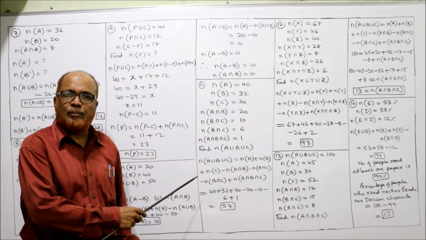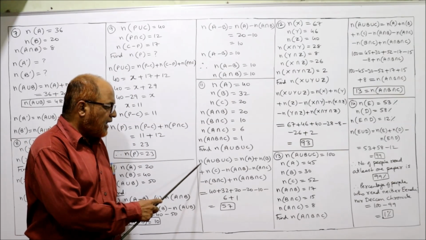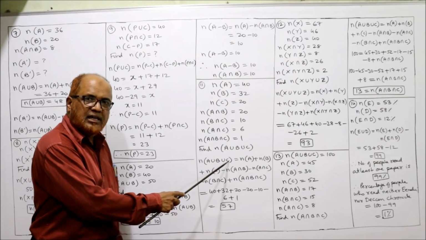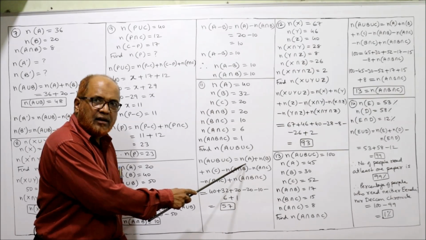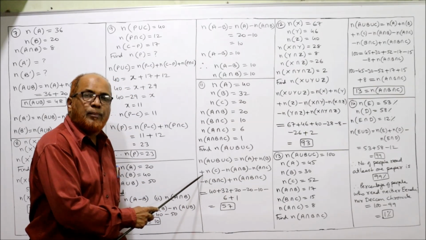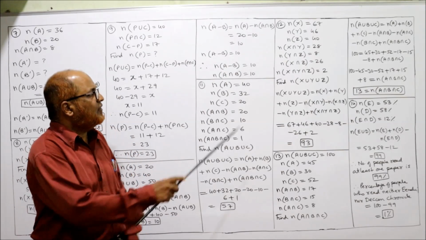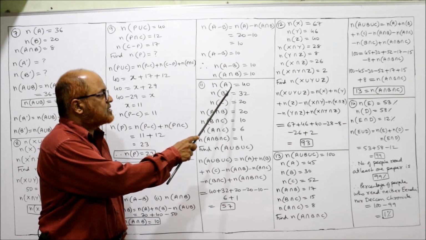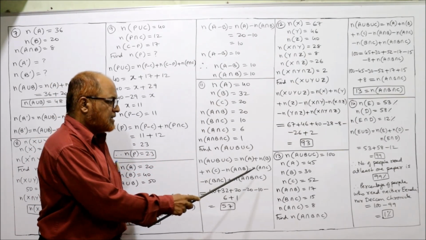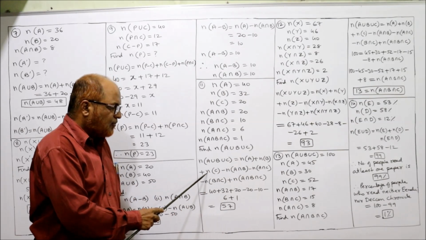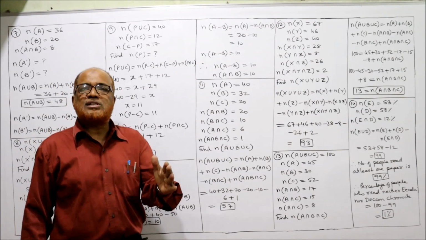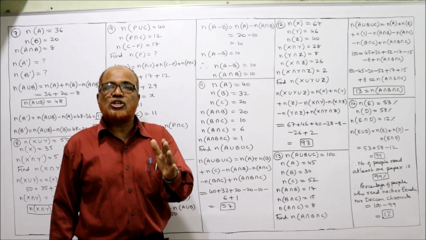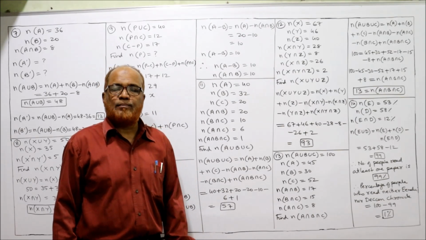The formula is very simple. Remember, N of A union B union C is equal to N of A plus N of B plus N of C. First of all, we add up the number of elements in A, B and C. Minus, now you have to subtract the intersection elements of both pairs.